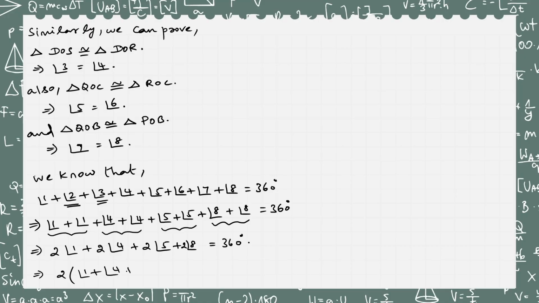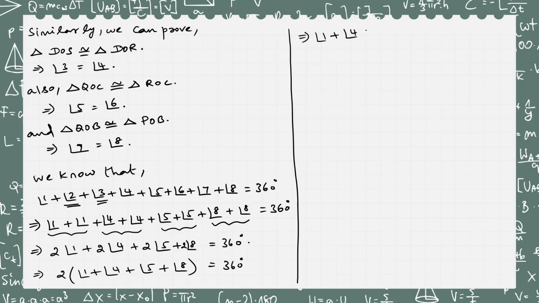Angle 1 plus angle 4 plus angle 5 plus angle 8 equal to 360 degree. And this 2 we can take to the right side denominator. So that will give us angle 1 plus angle 4 plus angle 5 plus angle 8 equal to 360 divided by 2, which is 180 degree.